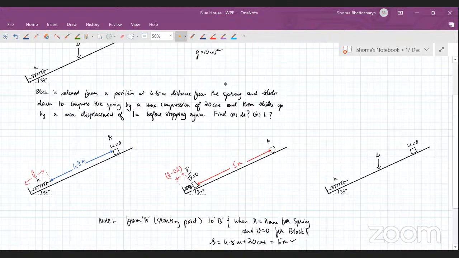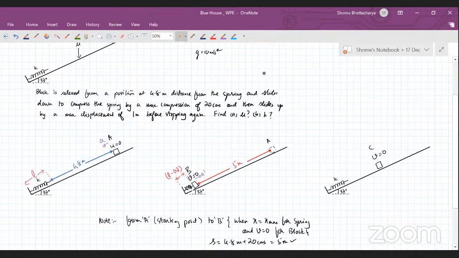And then from there, the block, so see what is happening in terms of acceleration. At this point of time, the block had an acceleration like this. But at this point of time, the block will have some acceleration, let's say a prime like this. So it will now slide back. But as it slides back, it's again going to have a maximum displacement of 1 meter up the inclined plane. So again, v is going to become 0.